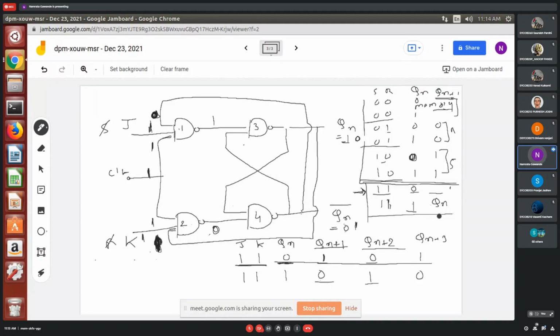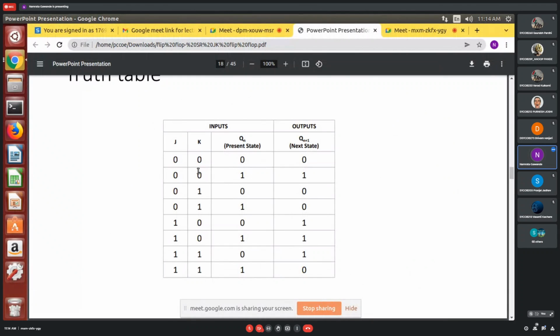Why Qn complement? Because whatever the previous state, if it is 0, I'm getting 1, and if it is 1, I'm getting 0. So this is nothing but the complement, Qn plus 1 equals Qn bar. So this condition can be written as Qn bar. This is the only change in the JK flip-flop.